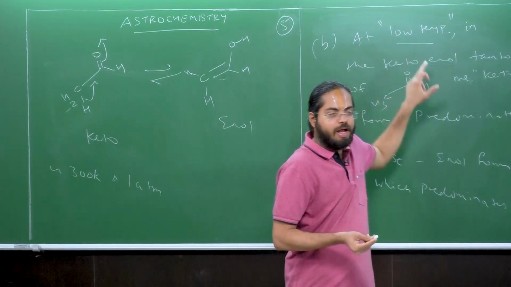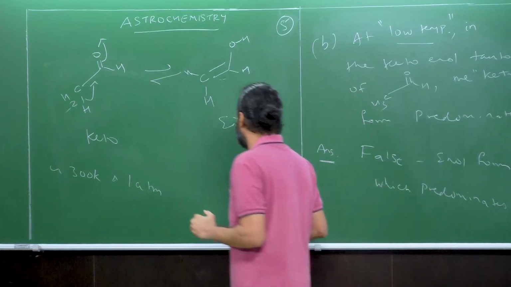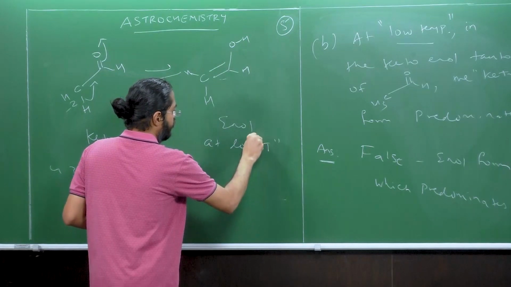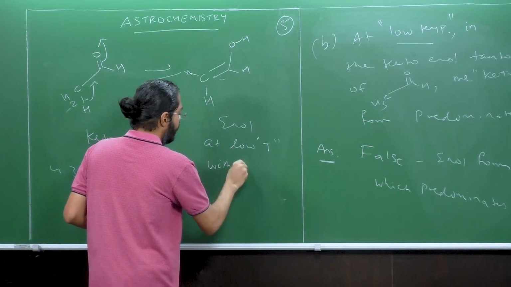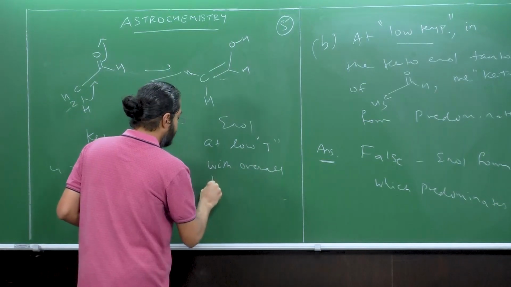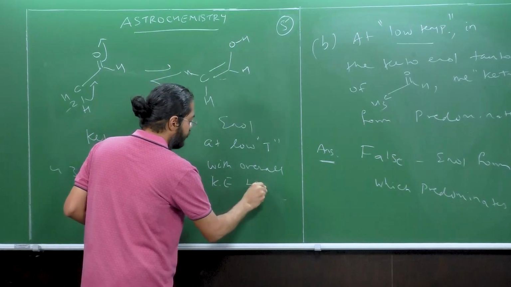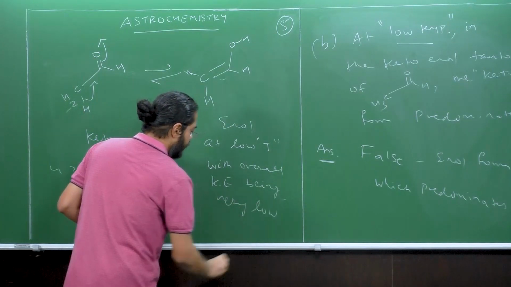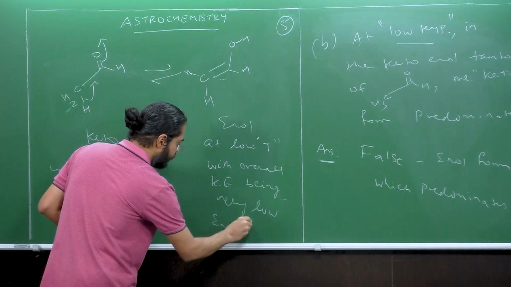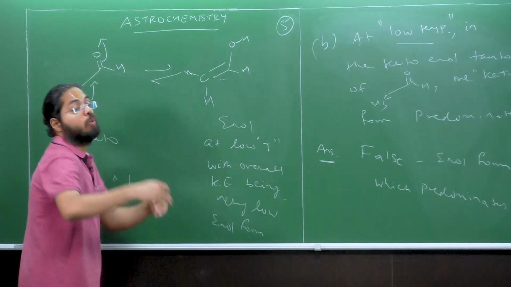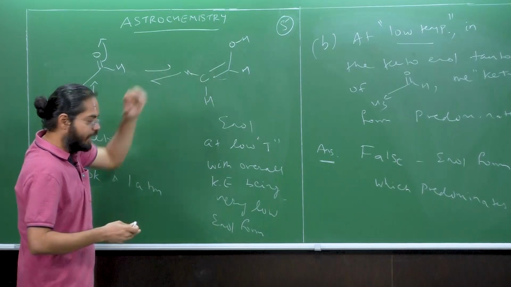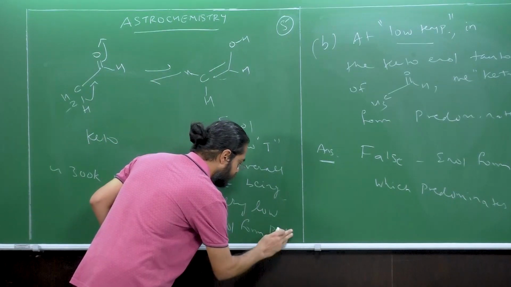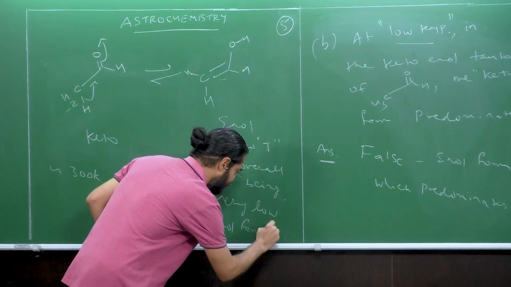And therefore, at low temperature, with overall kinetic energy being very low, the enol form could well predominate, and it does predominate in this case.